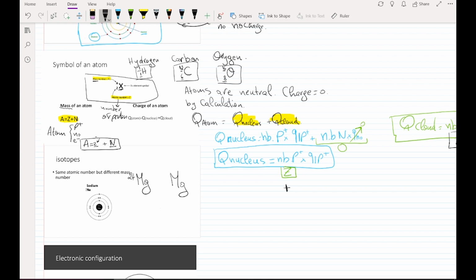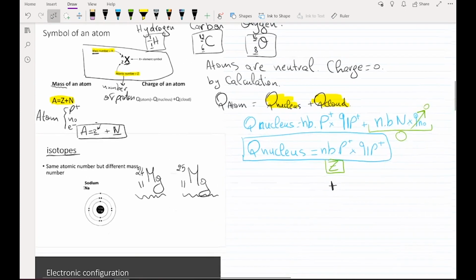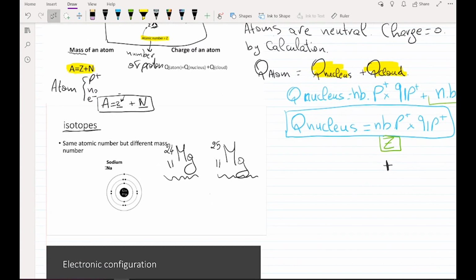Mg عند A24، Mg عند A25، بس اثنيناتهم عندهم same Z. هول التو elements اللي هن same substance بنسميهم isotopes. Isotopes are same atomic number but different mass number. So Mg Z equal 11 كمان هون Mg Z equal 11.